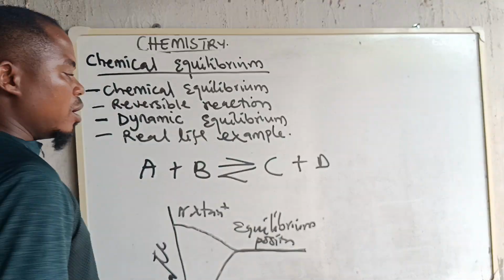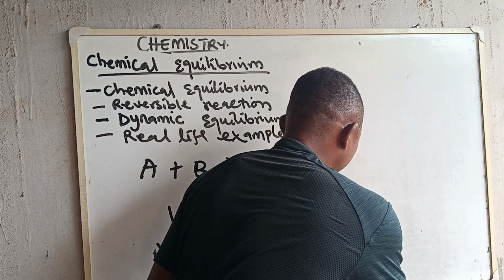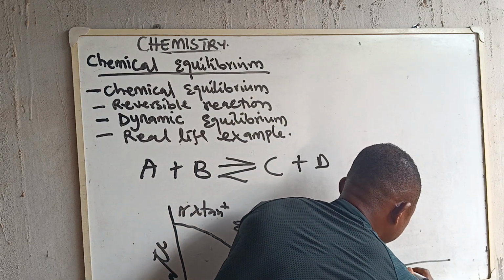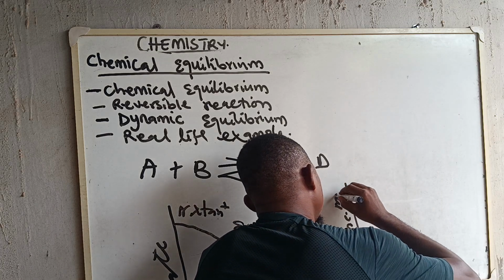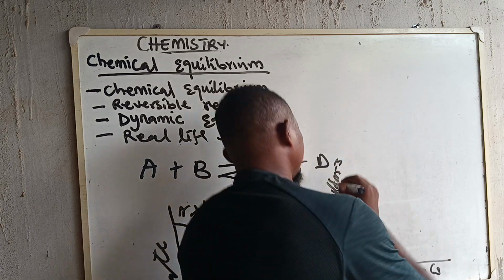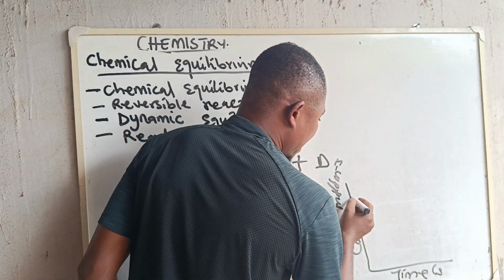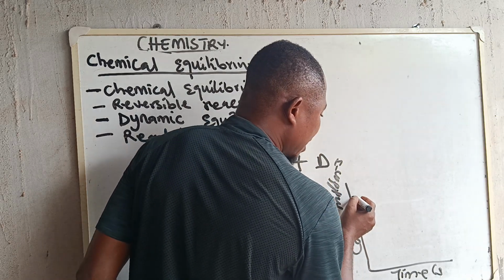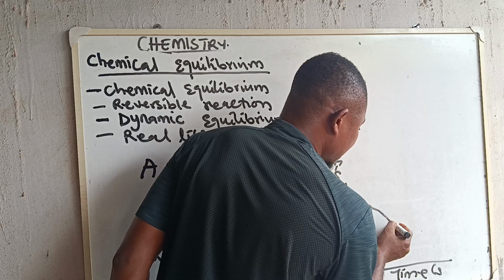Now, if we want to explain that in terms of concentration using a graph, if we have a graph of concentration against time in seconds, and here is concentration in mole per dm cube. If our reactants are here, from the beginning the reactants will start reacting because the concentration is high, and then be depleting. As the concentration reduces, it will go down.